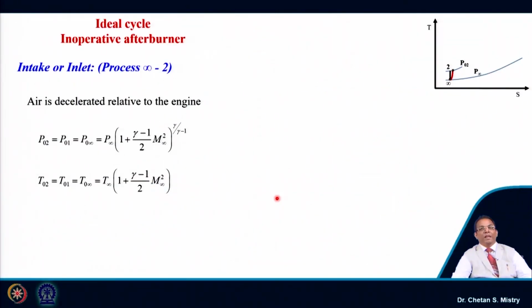So let us see, the process 0 to infinity to 2 represents my intake or inlet process. My air will be decelerated relative to my engine, and we can say my exit pressure and entry pressure will be the same. Here my temperature is given in terms of the isentropic correlation.